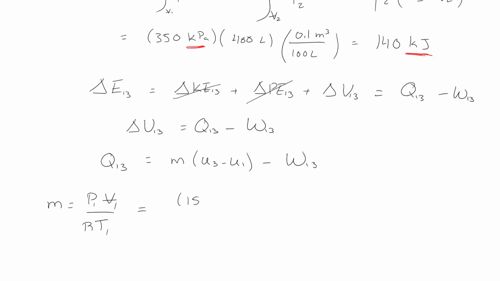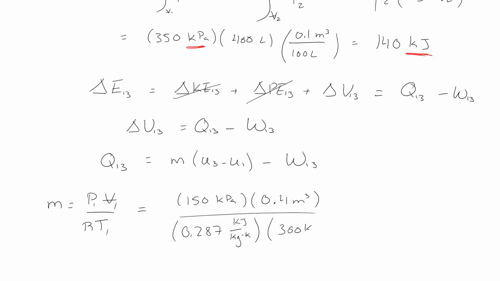So here I've got 150 kilopascals, 0.4 cubic meters, that's of course my 400 liters, R, which is 0.287 kilojoules per kilogram Kelvin. And finally T1, which is 300 Kelvin.